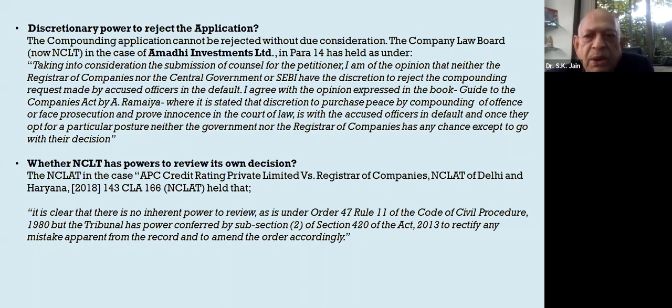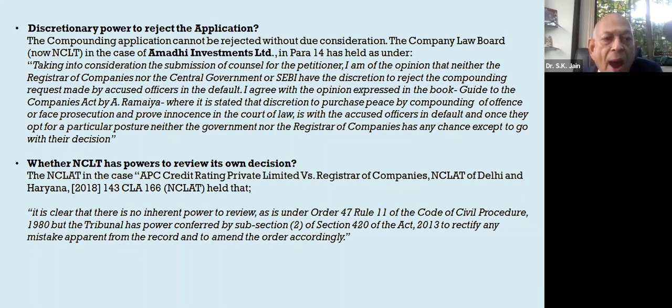I agree with the opinion expressed in the book Guide to the Companies Act by A. Ramaiah, wherein it is stated that the discretion to purchase peace by compounding the offense, or face prosecution and prove your innocence in a court of law, is with the accused. So that right is with the accused officer in default, whether to compound or to face punishment by the court.